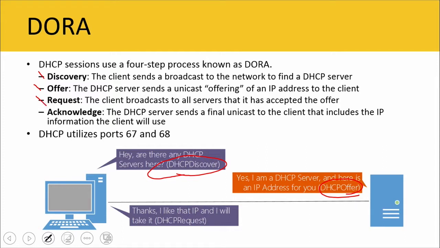And then the DHCP server sends a final unicast message to the client that includes the IP information. So there's ACK, which is short for acknowledgement. Quick little point too, and I know that we discussed this in a previous slide, DHCP, just like all protocols, is going to use ports, specifically ports 67 and 68, okay?